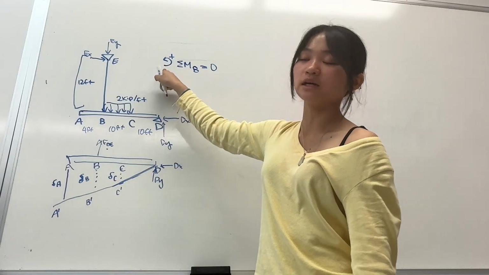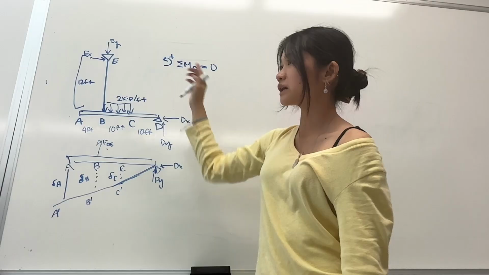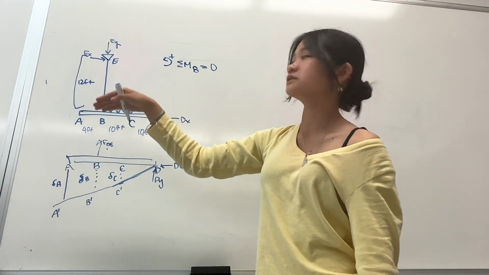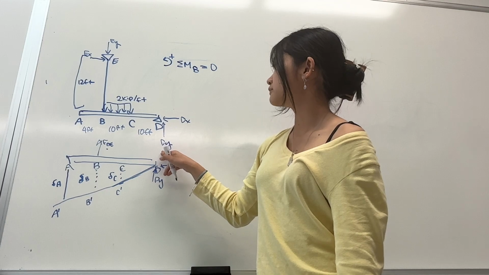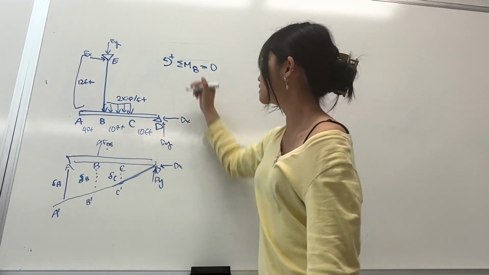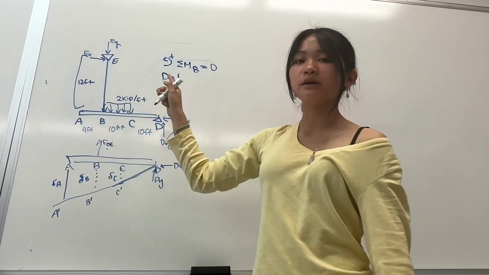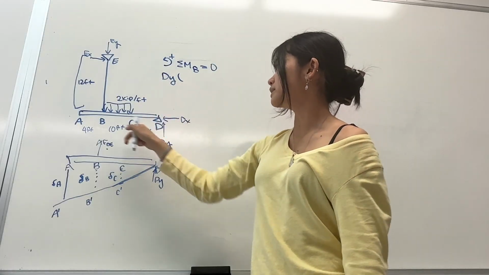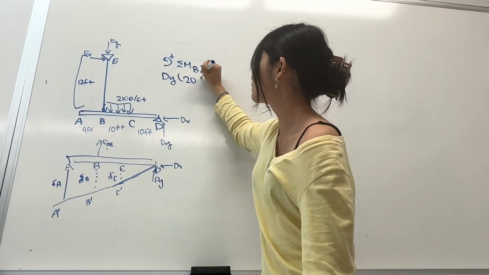And we already established that our moment counterclockwise would be positive, right? So we can find the distance, or well, we can put Dy first. So the force, which we multiply by the distance from B to D, which is 10 feet plus 10 feet, 20 feet.